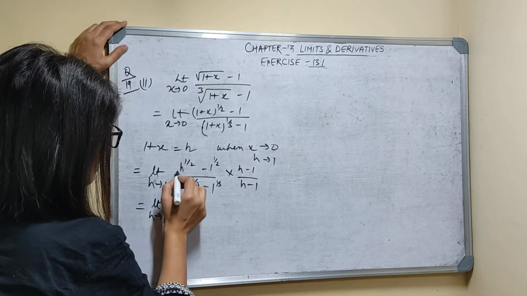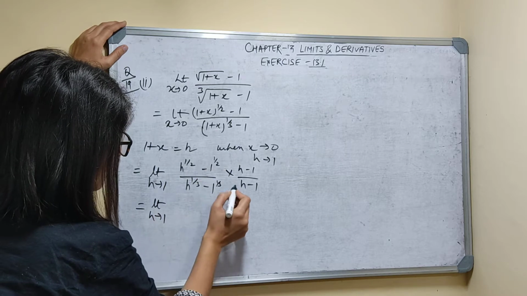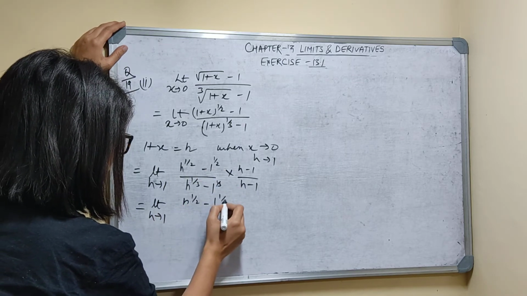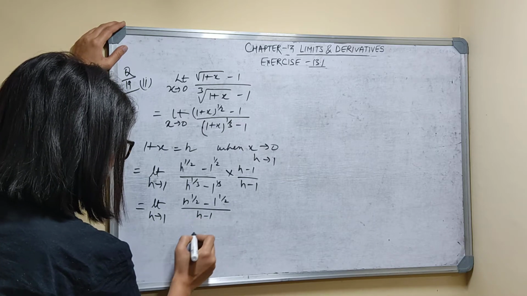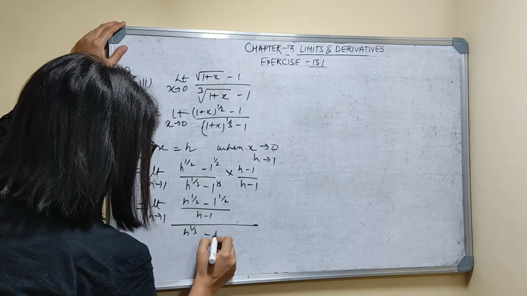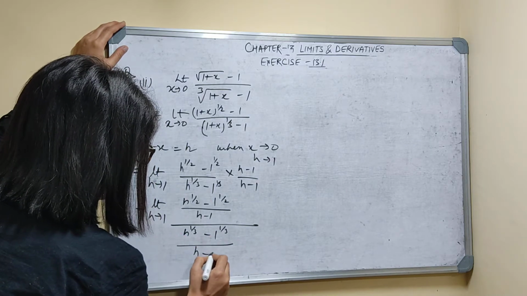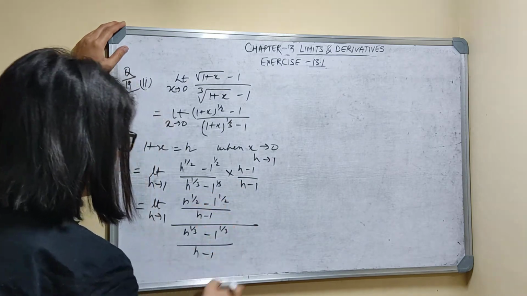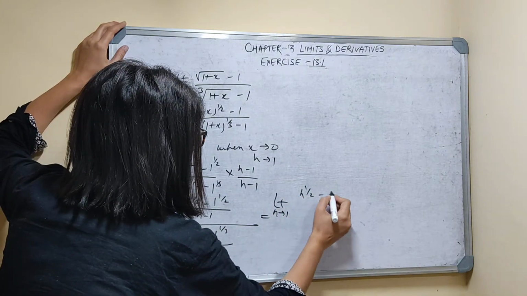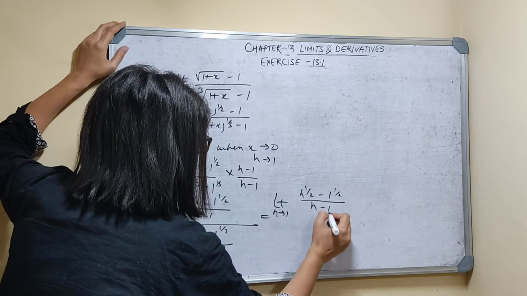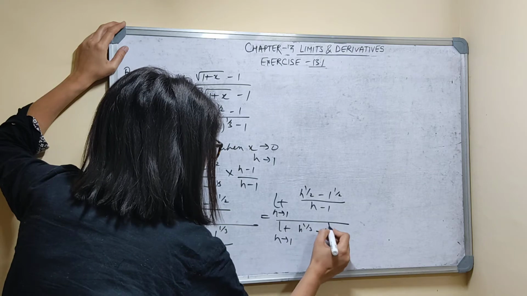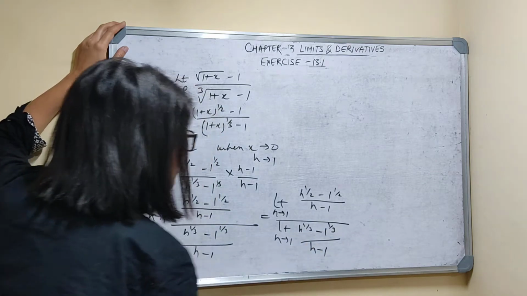Then h power 1 by 2 minus 1 power 1 by 2 upon h minus 1, upon h power 1 by 3 minus 1 power 1 by 3 upon h minus 1. This h minus 1 is coming down. So I can write the limit as h tends to 1 of (h power 1 by 2 minus 1 power 1 by 2) upon (h minus 1), upon the limit as h tends to 1 of (h power 1 by 3 minus 1 power 1 by 3) upon (h minus 1).